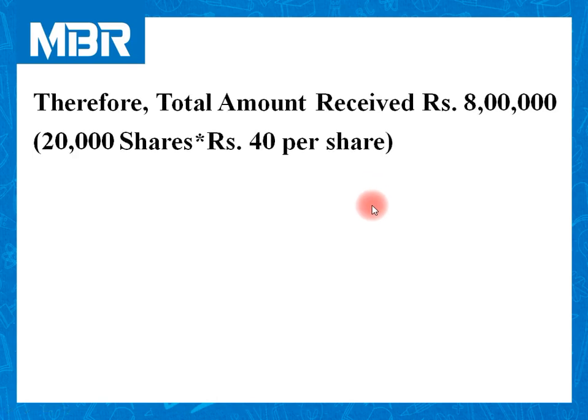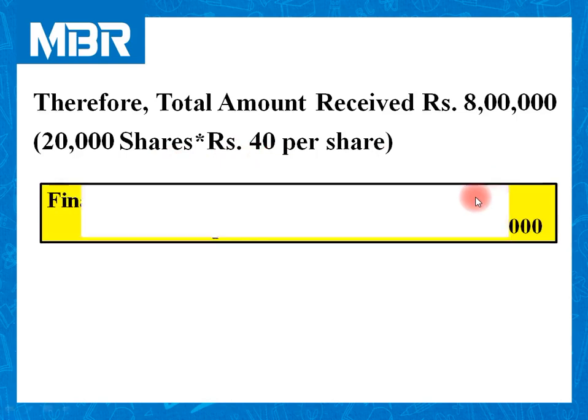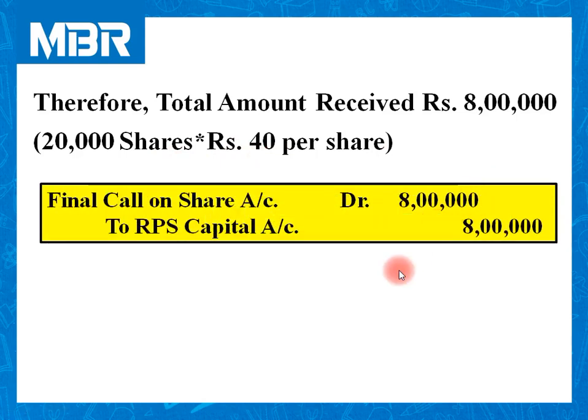So total amount received by the company on final call: 20,000 shares multiplied by rupees 40 per share, total 8 lakhs. Let us pass the journal entry for this transaction.